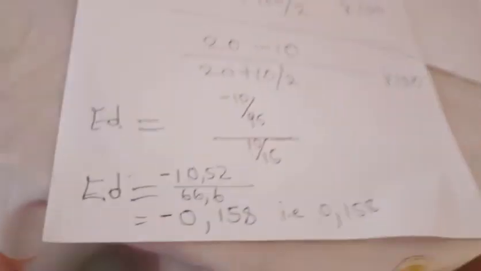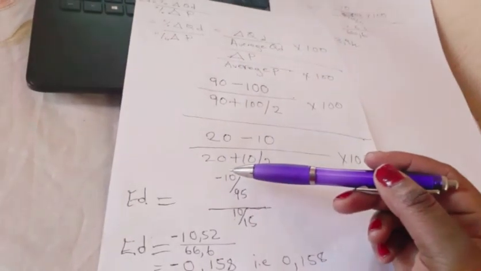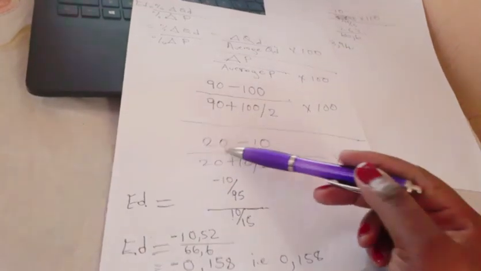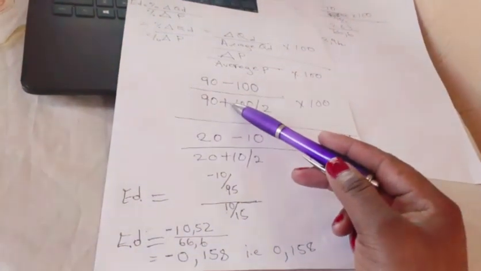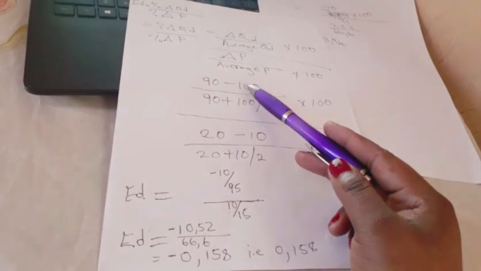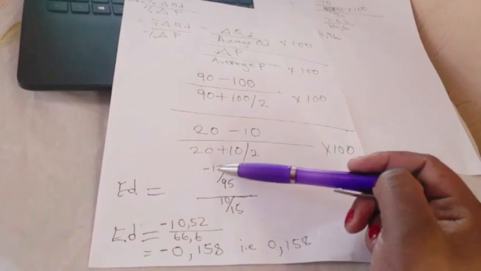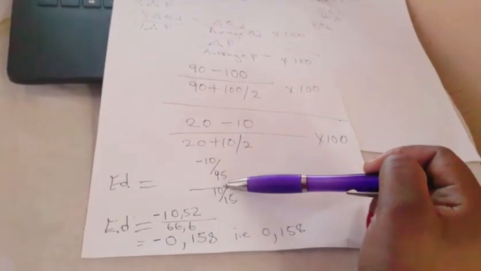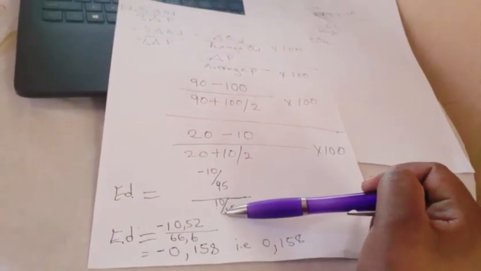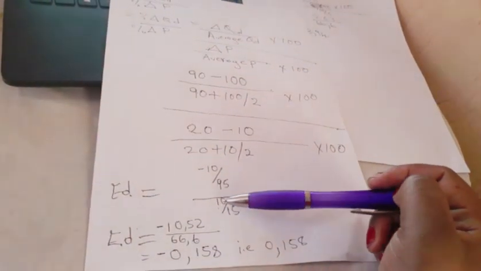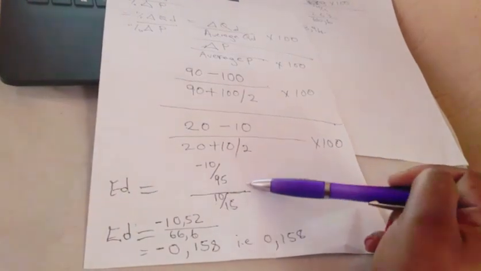Okay, so as you can see, guys, I am done calculating. On the calculator, the first part, which is change in quantity demanded divided by average quantity demanded, gave me minus 10 divided by 95. Then change in price divided by average price gave me 10 divided by 15.